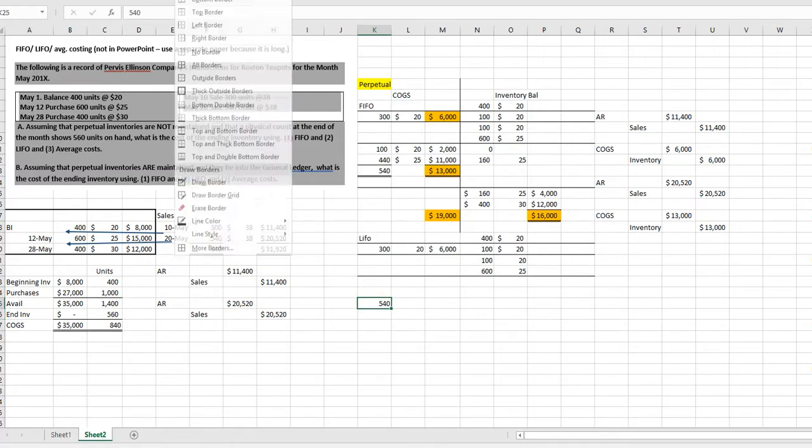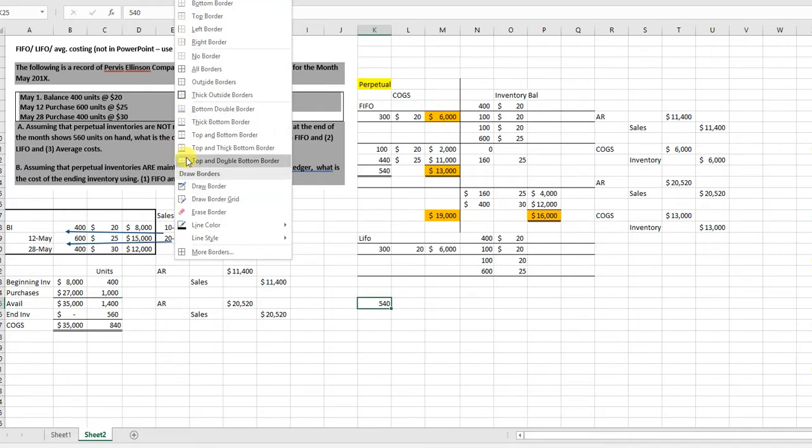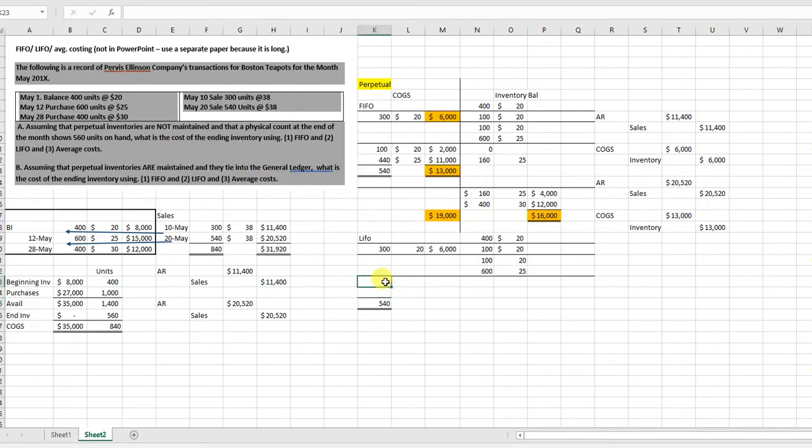I know that I sold last in, first out. My last one in is my $25 layer right there. And I sold 540 of them. So I'm actually kind of done. So I sold, oh, let me keep them on the same lines. So I sold 540 at 25.